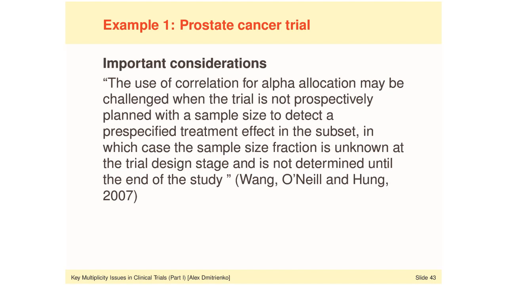This is a recommendation that applies to clinical trials with multiple patient populations, but the same type of argument could be used in clinical trials with multiple endpoints. This recommendation makes good sense, and it is consistent with the considerations that we discussed a minute ago on slide 42.